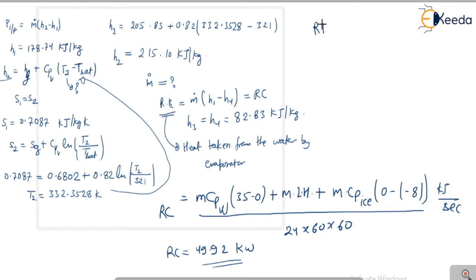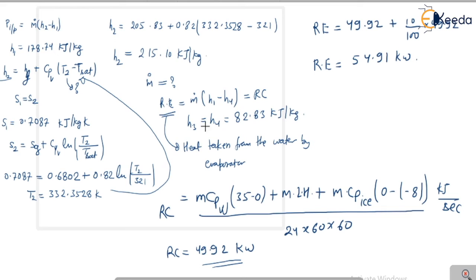So 49.92 plus 10 upon 100 into 49.92, and the final value of this RE effect is 54.91 kilowatt. Is it right?